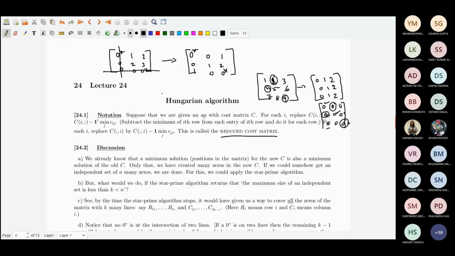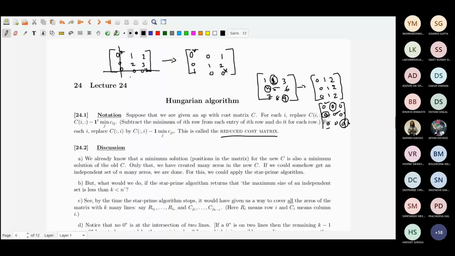Then you get this one. And remember, if you see the cover we did, outside the cover you have now created more zeros. And now it says, okay, look, you had covered all the zeros, but outside that I have created new zeros.